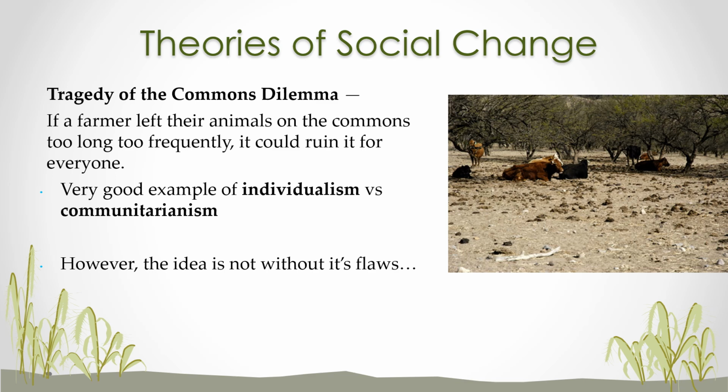This as a thought exercise is a really good example of individualism versus communitarianism. So it is a good way to talk about resources in our modern era, but the idea definitely has its flaws, and this is not a dilemma that we as a society cannot change to work ourselves around.